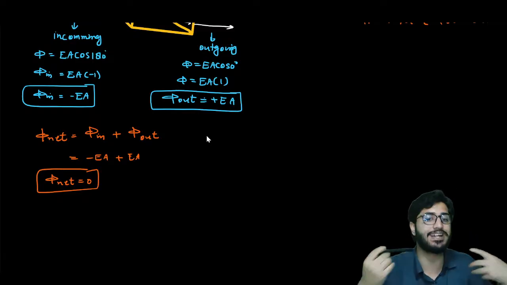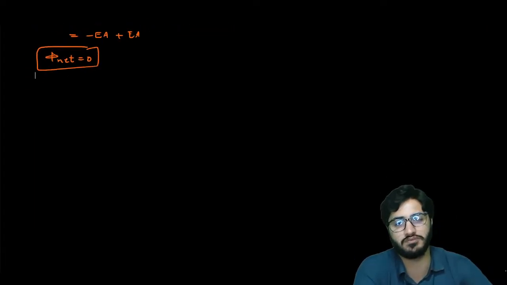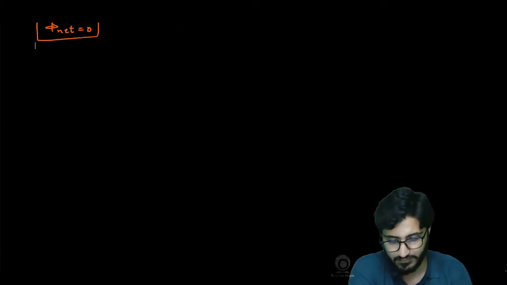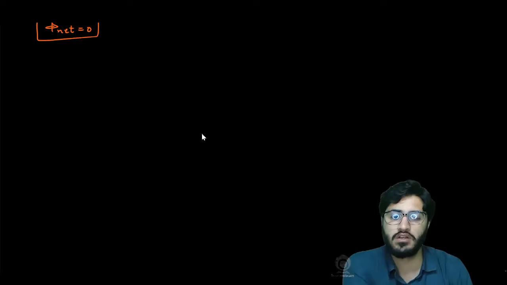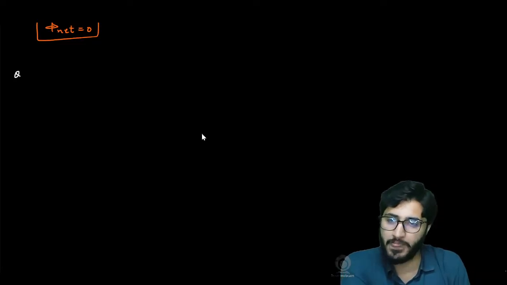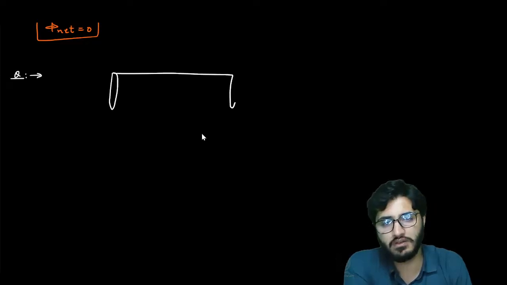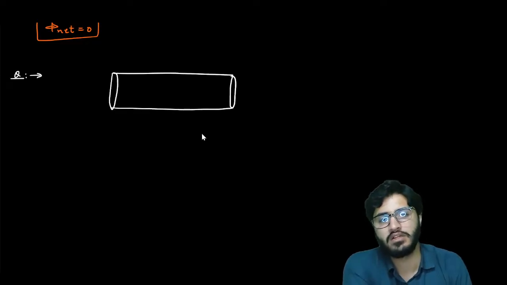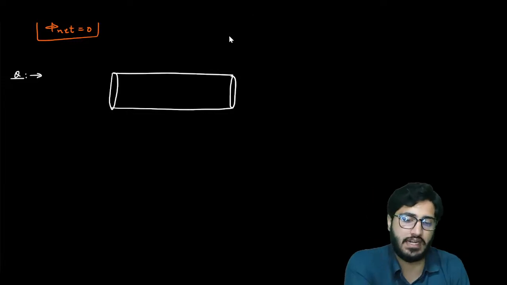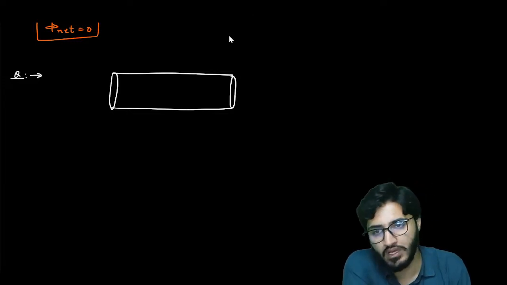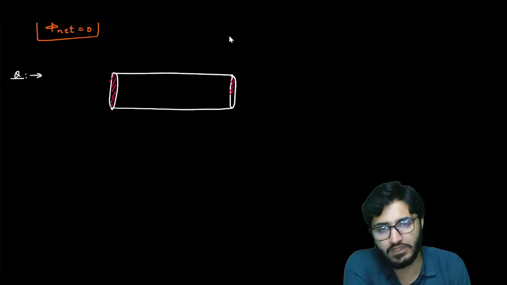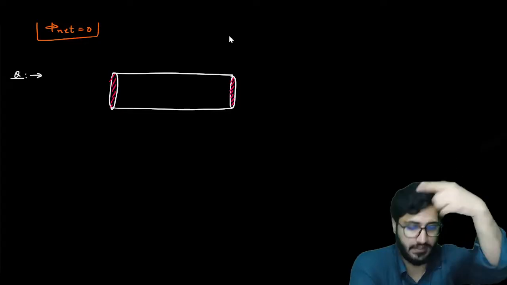Let us talk about the cylindrical case. We have a cylinder also, a 3D object. Look, this particular figure represents a cylinder. A cylinder is a 3D object with two flat surfaces, this one and this one, and one curved surface.